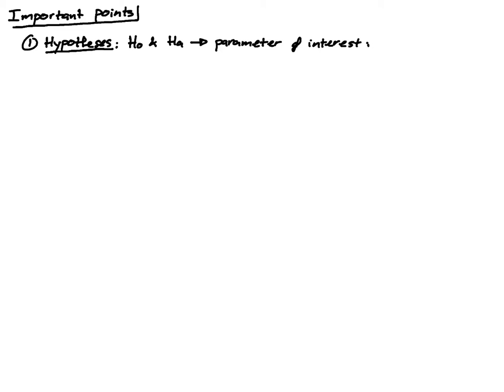In the examples we've done so far, we have been looking at the population mean mu, but in principle, you can test on other population parameters as well. So, for example, the population proportion, and so on and so forth.